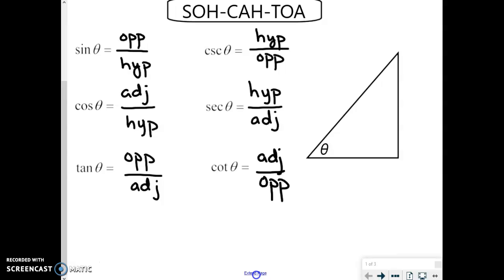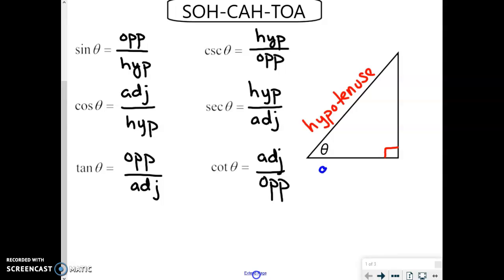Now again, how can you tell which of these sides you're pertaining to as far as theta? It's always in the triangle in relationship to it. So the side that is opposite the right angle and the longest side will always be your hypotenuse. The adjacent and the opposite are in relationship to theta.